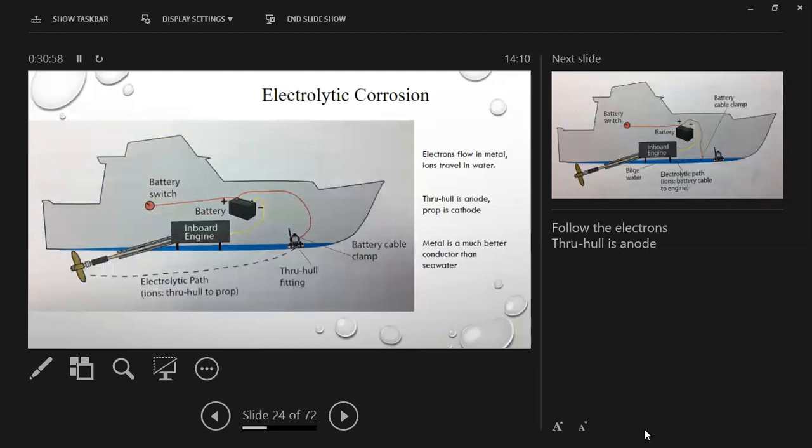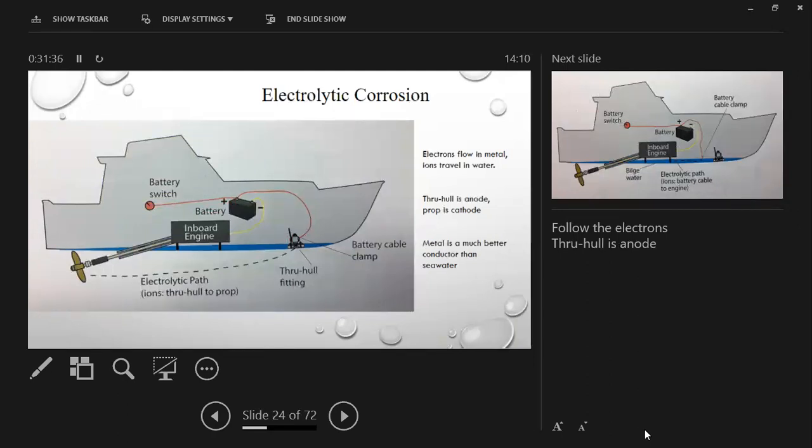Now, at the same time, the positive charges here will tend to draw electrons from this negative cell through this metal path to your propeller, and these electrons will jump off the cathode, come off as ions, and combine with the hydroxides or oxides in the water.